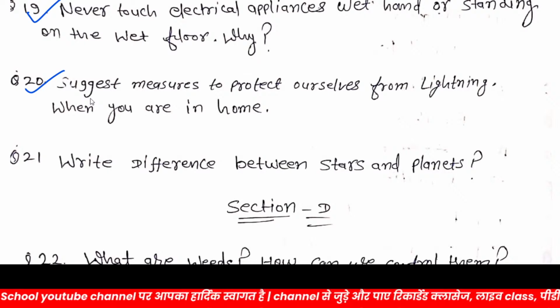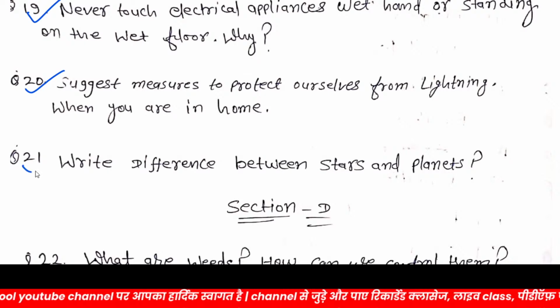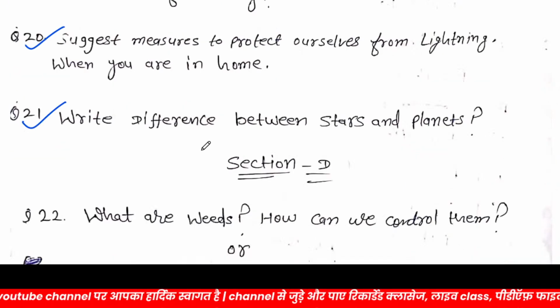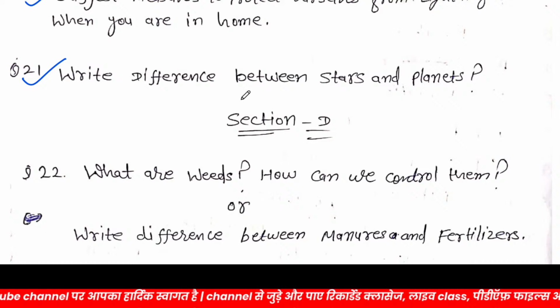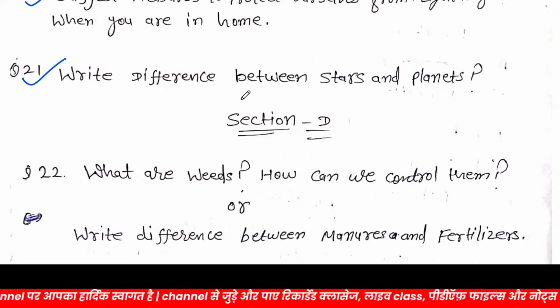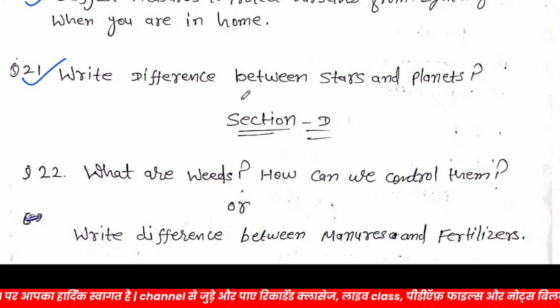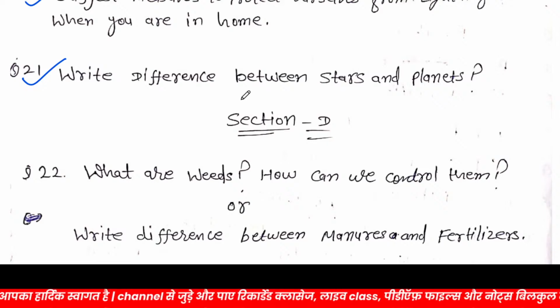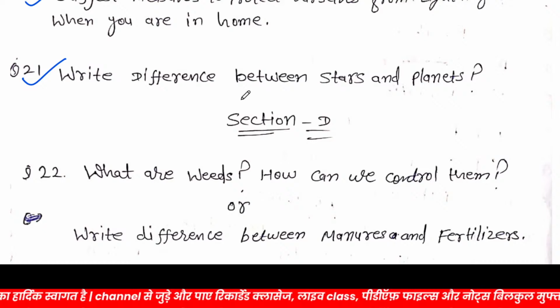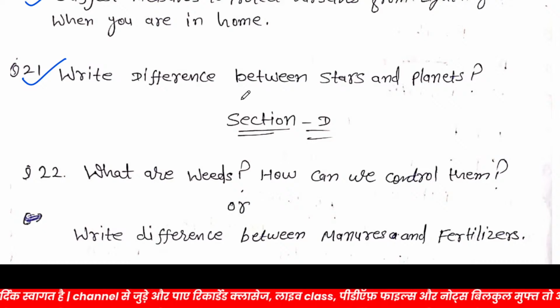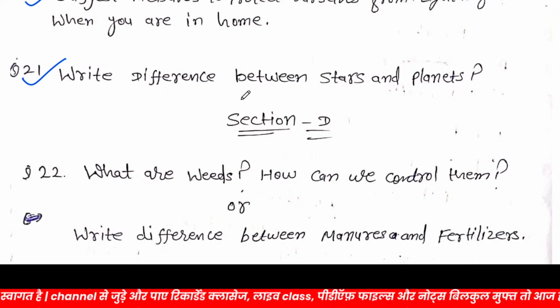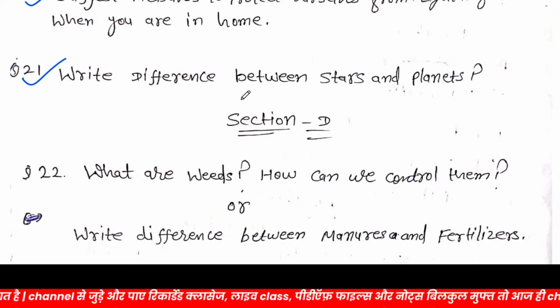Next, write differences between stars and planets. Stars are fixed at a point in the sky. Planets revolve around the sun. The second difference is that stars have their own light.